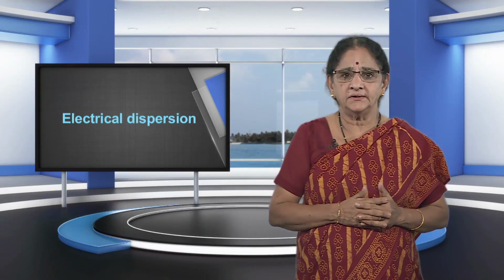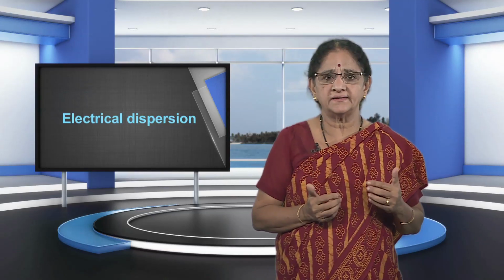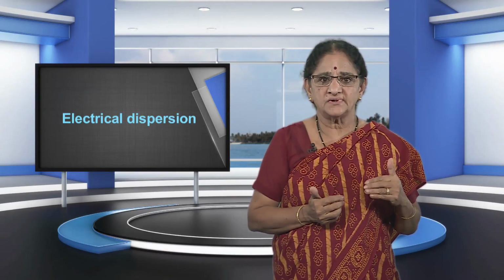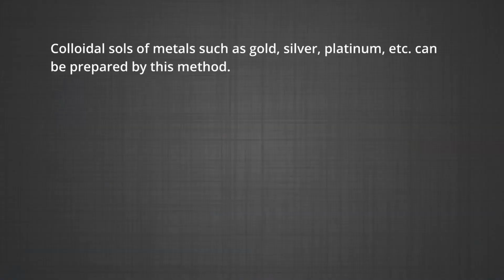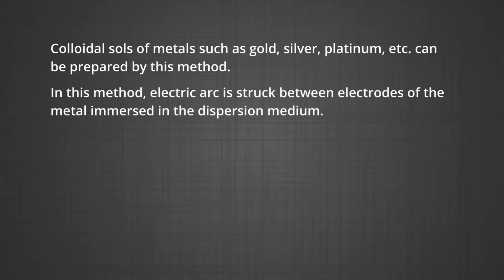Electrical dispersion or electrical disintegration, also known as Bredig's arc method. This process involves dispersion as well as condensation. Colloidal sols of metals such as gold, silver, platinum, etc. can be prepared by this method. In this method, an electric arc is struck between electrodes of the metal immersed in the dispersion medium.